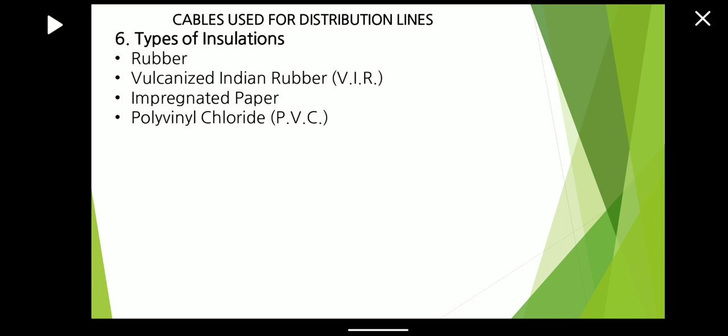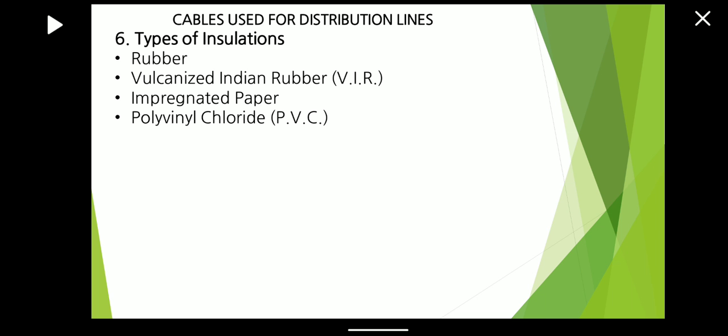And last, it deteriorates on exposure to sunlight. So pure rubber cannot be used as an insulator, but some treatments are needed on it to reduce the above said drawbacks.